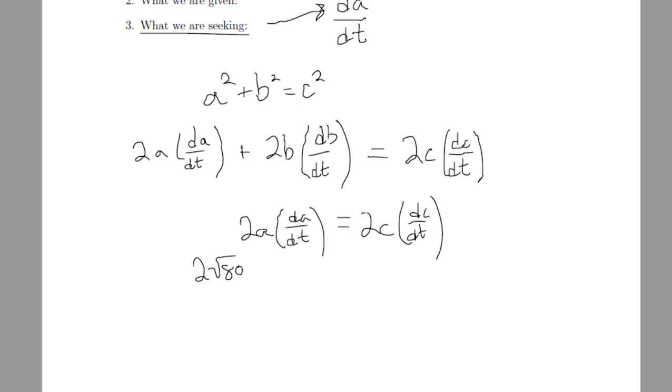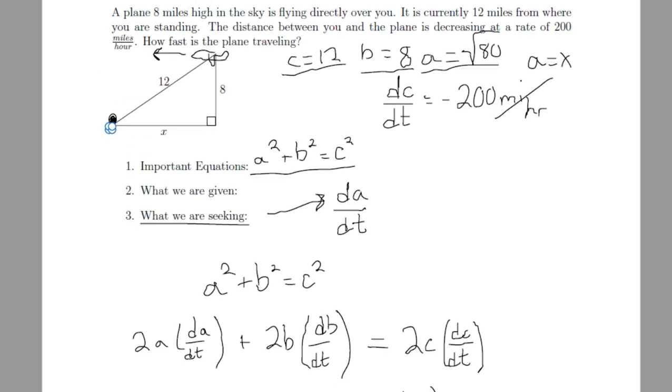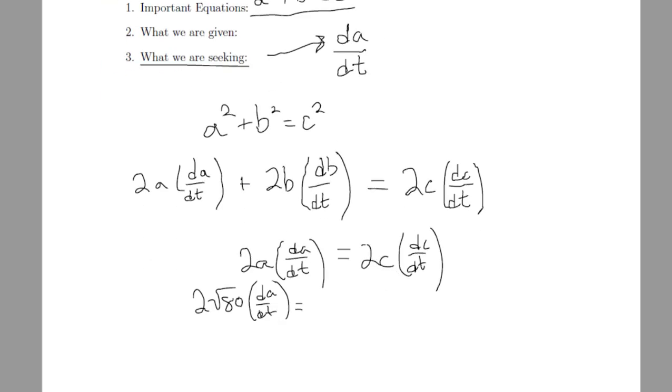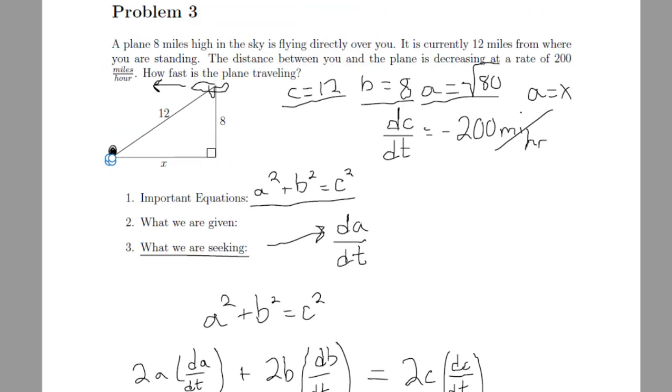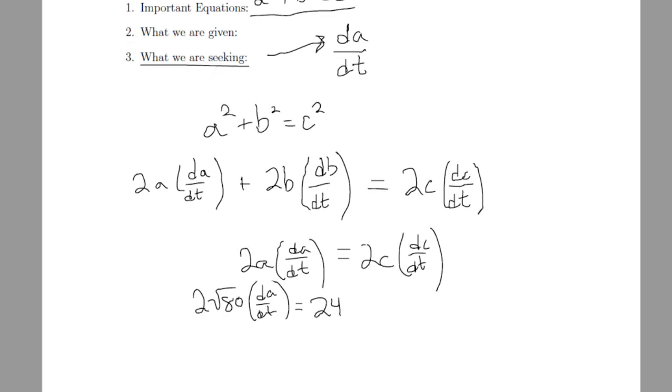We're trying to find dA over dt, so we'll leave that as it is. We have c, which is also given. It's 12, and twice 12 is 24. And the rate at which c is changing is also given to us. It's 200 miles per hour, and it's negative since it's coming towards us. So negative 200 miles per hour.